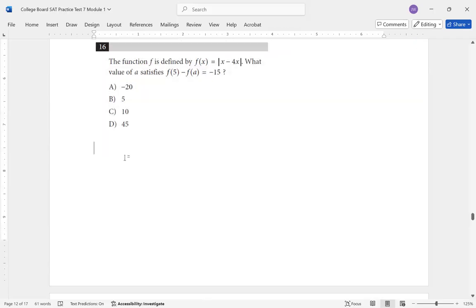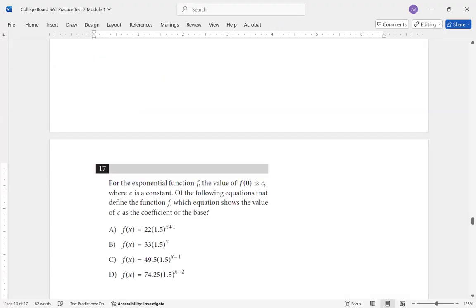This one's kind of weird looking because if you look at f of x, most people would have just rewritten that as absolute value of negative 3x, or in fact, you don't even need the negative there. You could say absolute value of 3x because absolute value of 3x and absolute value of negative 3x are the same. So that's how I'm going to write it.